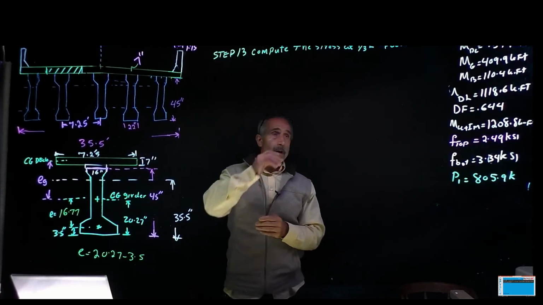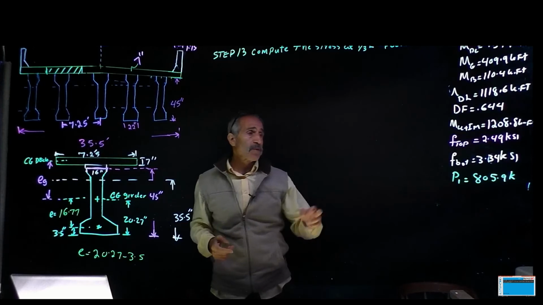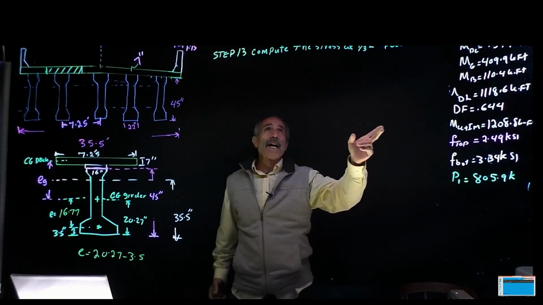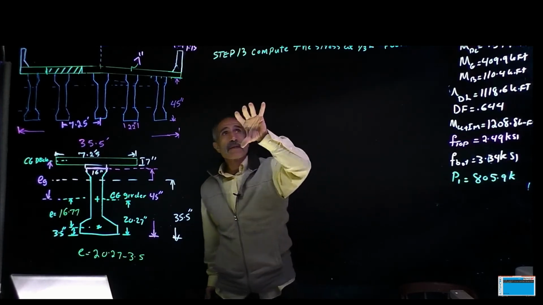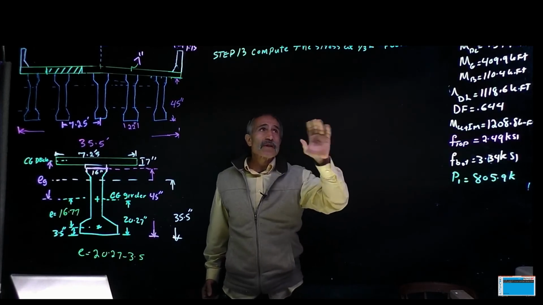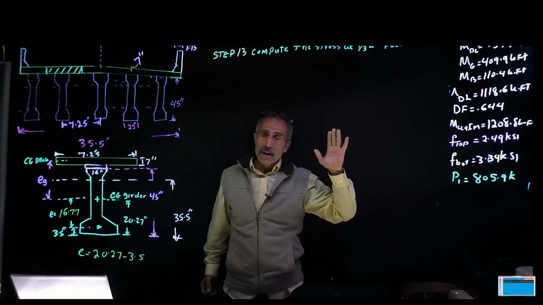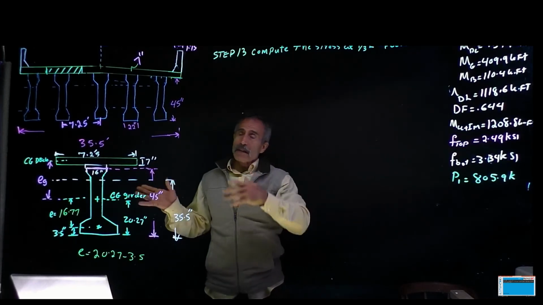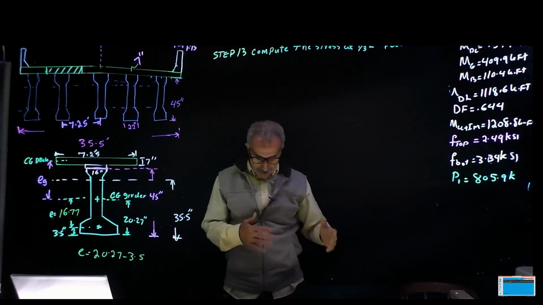So we're going to go ahead and move to step number 13. We just calculated the ratio became 0.89. That's what we're going to use in this step. So in here we're going to compute the stress at 1/3 of the span of the beam. Just like last time, we did all those calculations at the time of transfer.